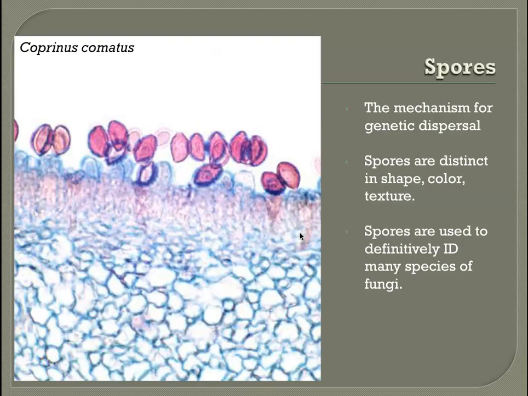So we can think of these kind of like seeds, but this is how fungi reproduce sexually. And in some occasions, actually, I think all of these sexually produced spores can be ID'd microscopically.